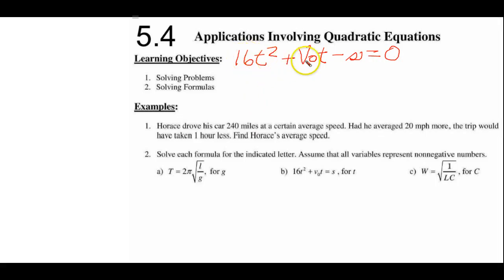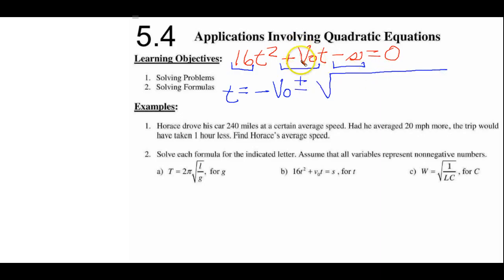Now, this is in standard form of the quadratic equation, and we want to solve for t. Well, for this one, we have to use the quadratic formula. In order to do so, we need to find out what is A, what is B, and what is C. And now we start substituting. T equals a negative B plus or minus the square root.